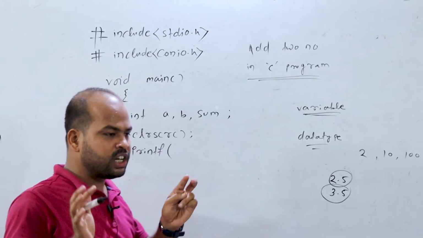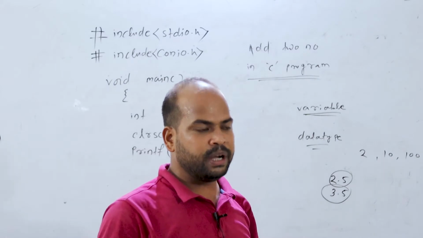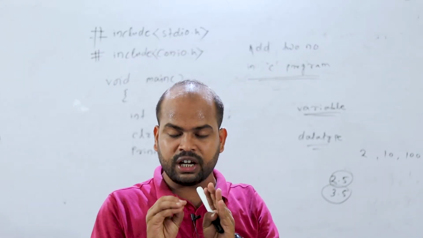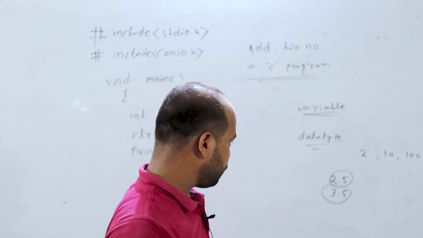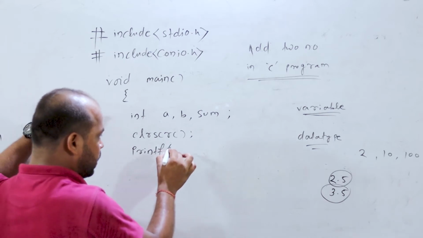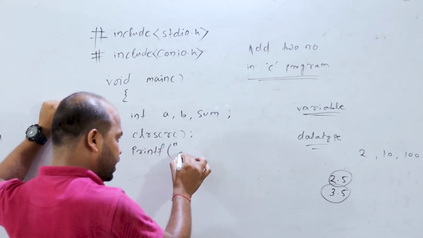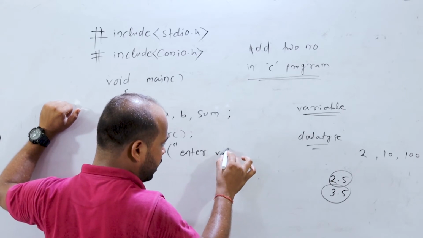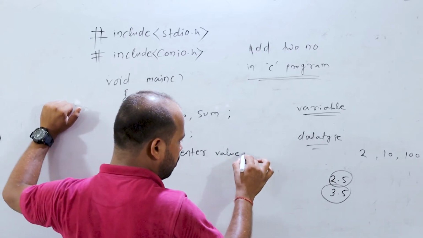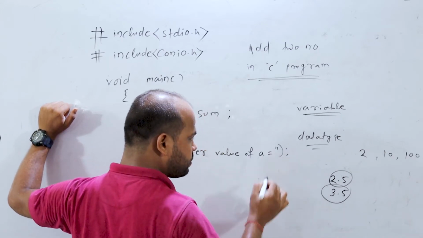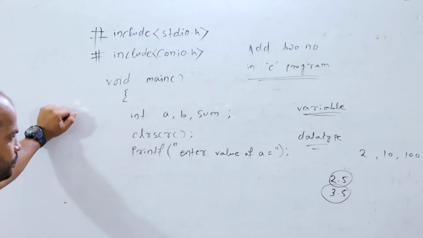What is the purpose of the printf function? The printf function is used to display. So you have to display a message: enter value of A. The first value we have to insert in the A variable.